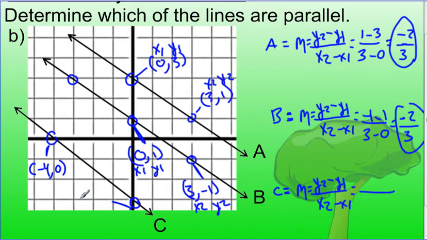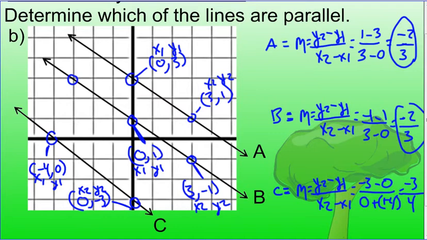This guy's at (0, negative 3). x1, y1, x2, y2, giving us negative 3 minus 0 over 0 minus negative 4. And that math is negative 3. 0 minus a negative is plus a positive 4. Negative 3/4 is not the same as negative 2/3, so A and B are parallel, C is not.